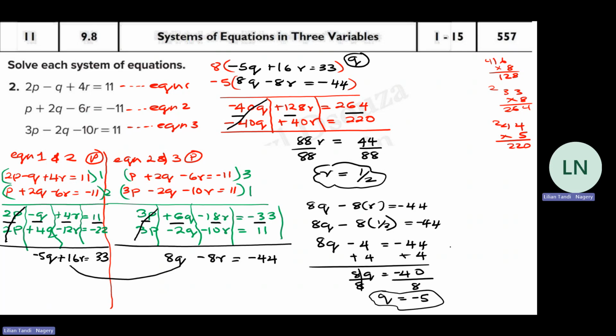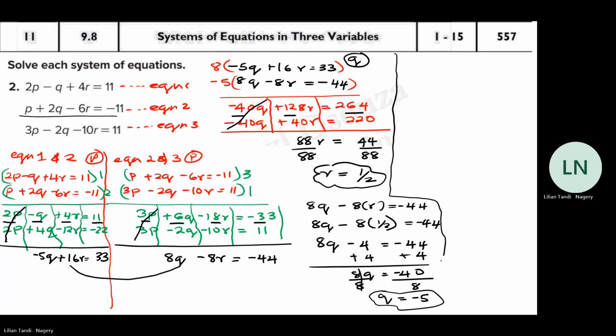Now I have R and Q. I need to find P. I'm going to use the second equation. So I'm going to write here. P plus 2Q minus 6R equals negative 11.